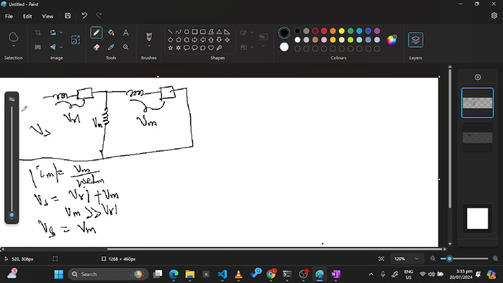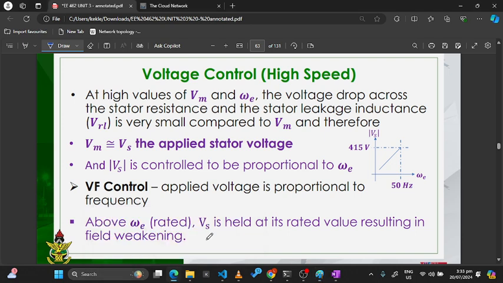That means VRL, the voltage drop across this and this, is far smaller than the one here. Okay, so then Vm is approximately equal to Vs, which is the applied stator voltage. I hope this makes sense.